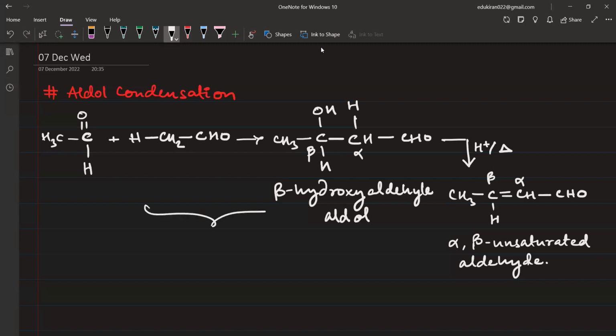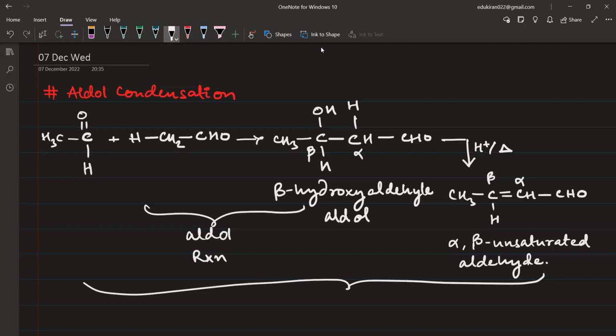The reaction from here to here is known as the aldol reaction. And the complete reaction till the removal of water is known as aldol condensation.